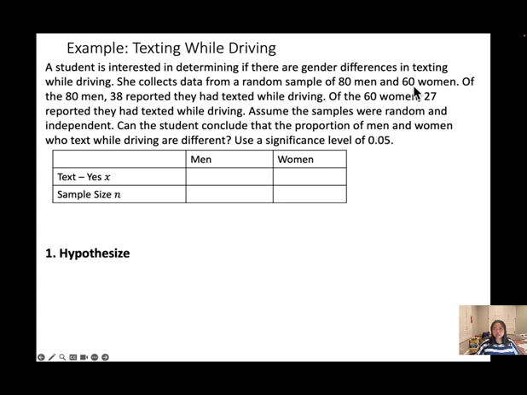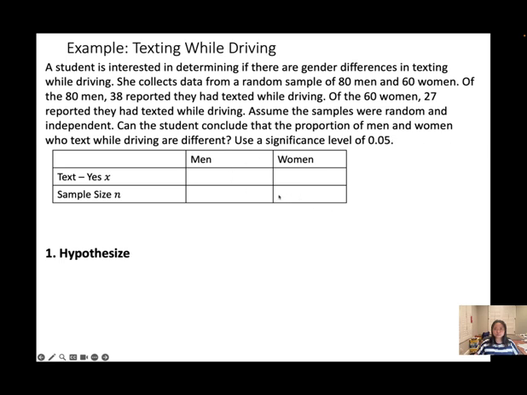Okay, 80 men and 60 women, so this is going to be your sample size. 80 men, 38 report they had texted while driving. 60 women, 27 report they had texted while driving. Assume the samples were random and independent. Can the student conclude that the proportion of men and women who text while driving are different? Use a significance level of 0.05.